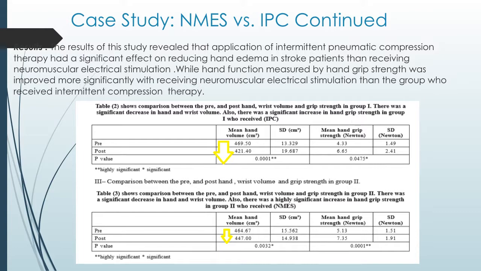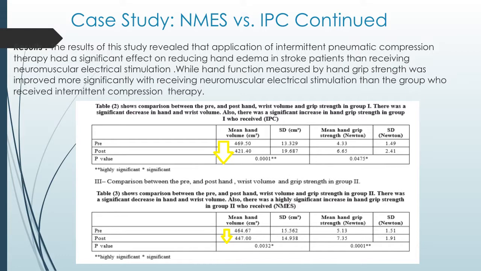The first table is comparison of group 1, the compression therapy group, pre and post edema values. The yellow arrow is showing a significant decrease from 469 centimeters squared to 421 centimeters squared.